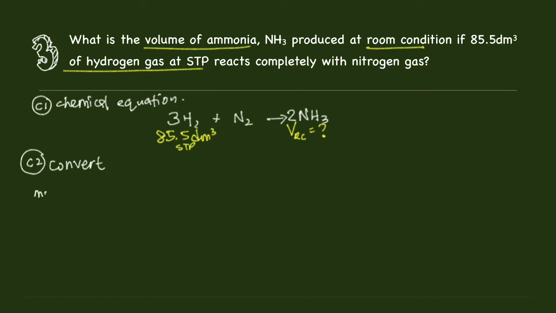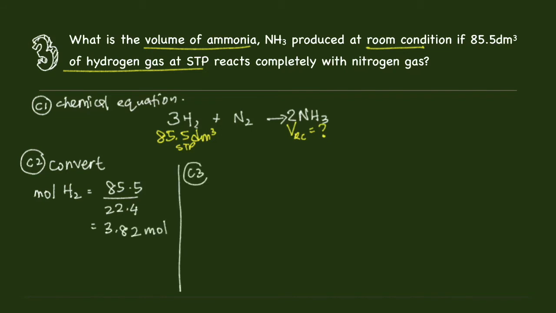C2 convert. Convert any information given into number of mole. Mole of H2 equal to 85.5 over 22.4 to give 3.82 mole. C3. Compare.